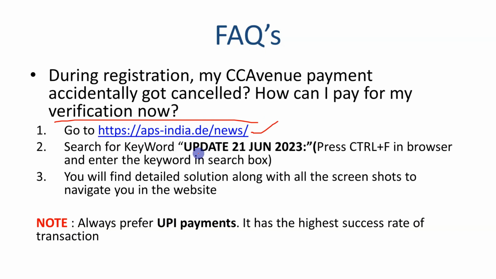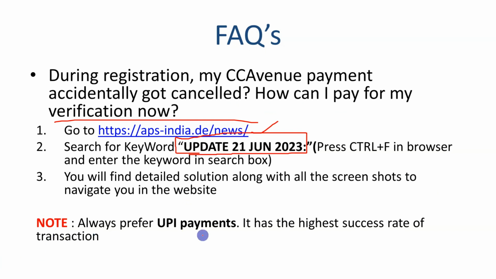I will provide it in the description and search for this keyword. A notice is posted on this date on the official website. Just type Ctrl plus F in the browser and copy paste this keyword, and you will find a detailed solution along with screenshots on how you can continue with your payment process.